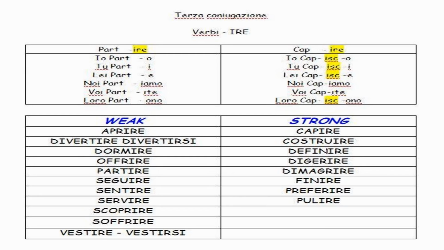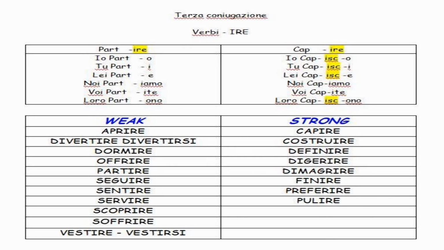In the weak set, like partire, we have aprire, to open, divertire, which means to amuse. Divertirsi is to amuse oneself, to have fun. Dormire, very important for students, to sleep. Offrire, to offer, to give as a gift.